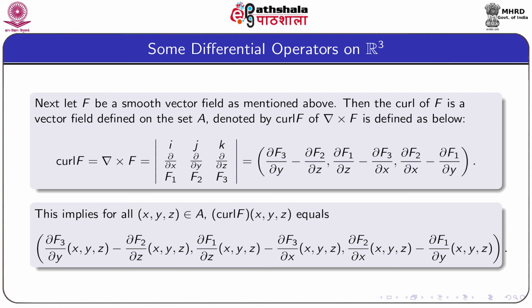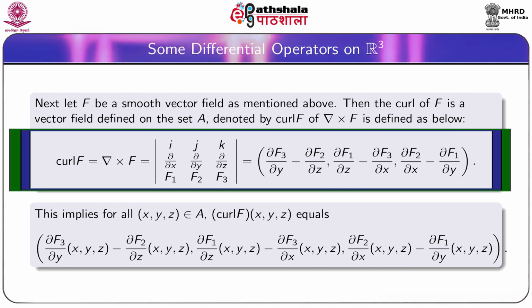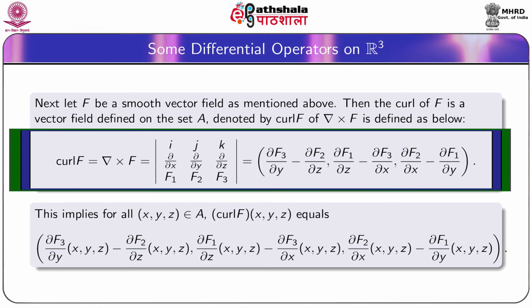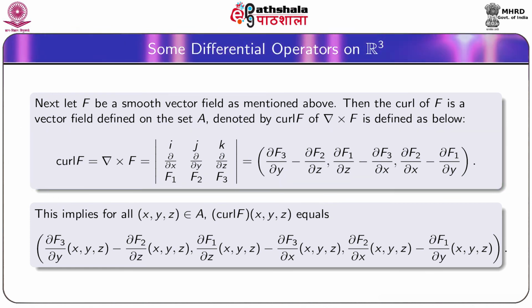Next, let capital F be a smooth vector field as mentioned above. Then the curl of capital F is a vector field defined on the set A. It is denoted by curl F or nabla cross F and is defined as follows: curl F, that is nabla cross F. We write this using a notation looking like a determinant. In the first row i, j, k, second row del/del x, del/del y, del/del z, and third row f1, f2, f3.